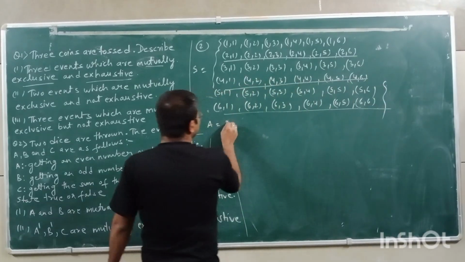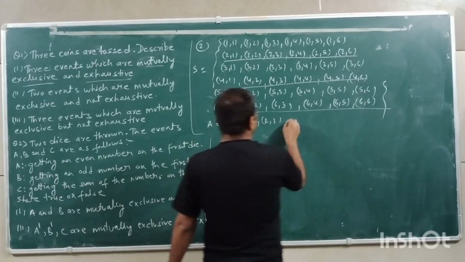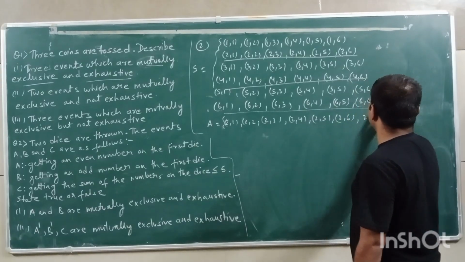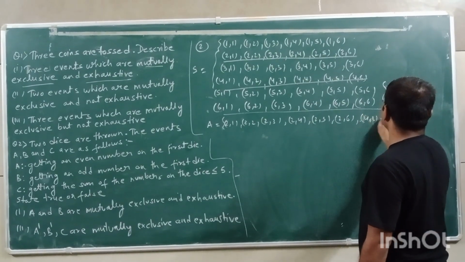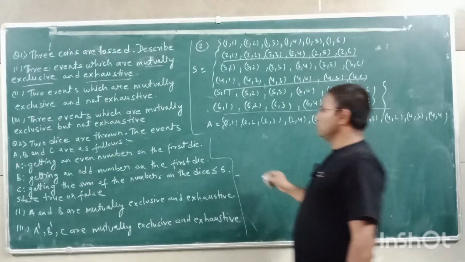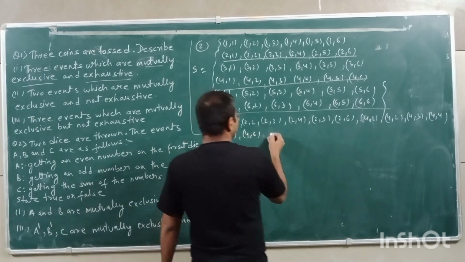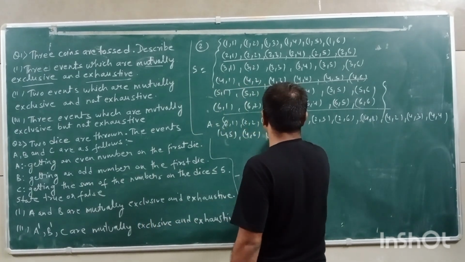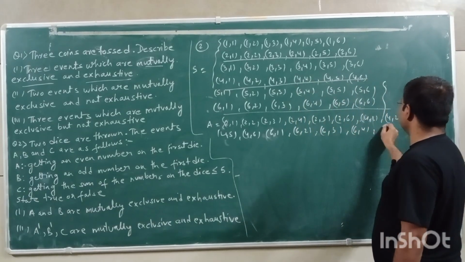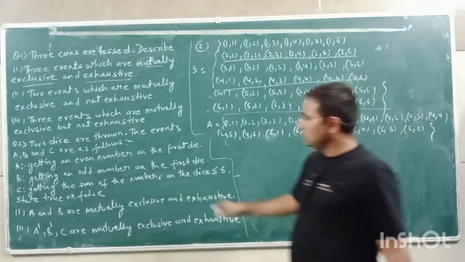In this will come 2 comma 1, 2 comma 2, 2 comma 3, 2 comma 4, 2 comma 5, 2 comma 6, then 4 comma 1 through 4 comma 6, then 6 comma 1 through 6 comma 6. In this way you write the sample space for event A.